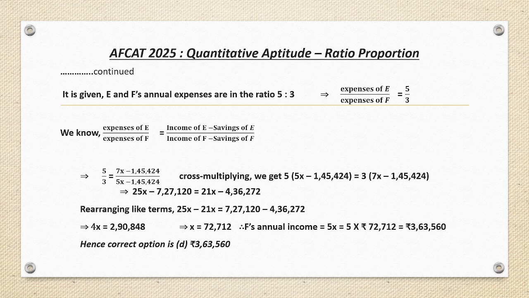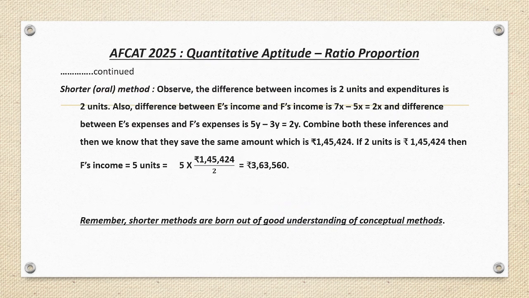Now let us see one method which is very easy. Just orally you can do this. If you observe, the difference between incomes is 2, the difference between expenditures is also 2, and the difference between E's income and F's income is also 2.